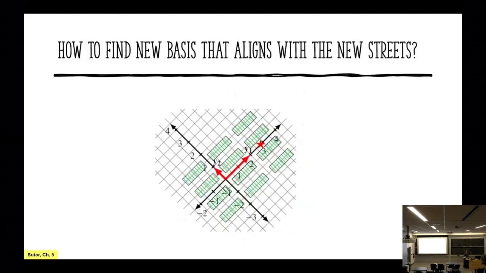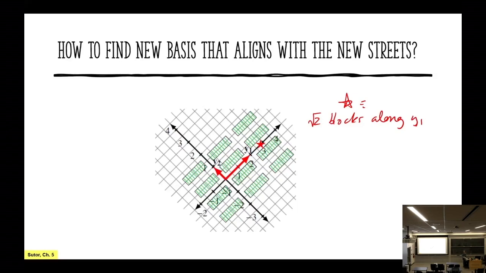So let's choose a new basis, y1 and y2, that line up better with our new road layout. Our city and locations in the new coordinate system are shown here. To get to the star, I can now just say walk square root of 2 blocks along y1. That's like 1.4 blocks.